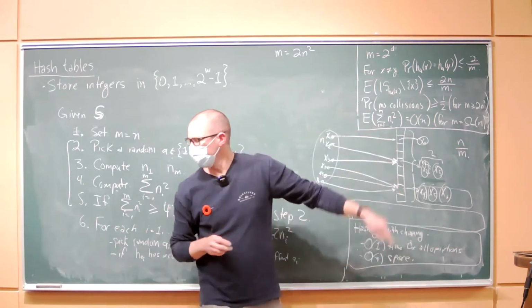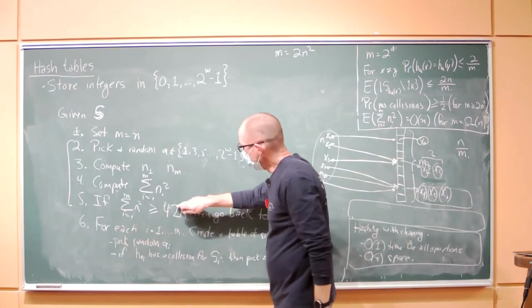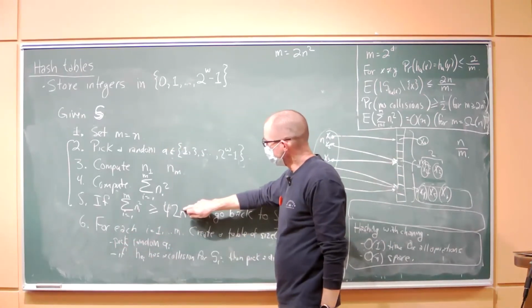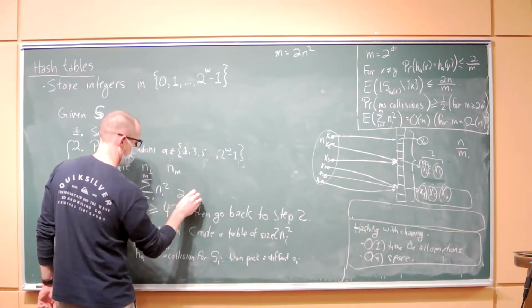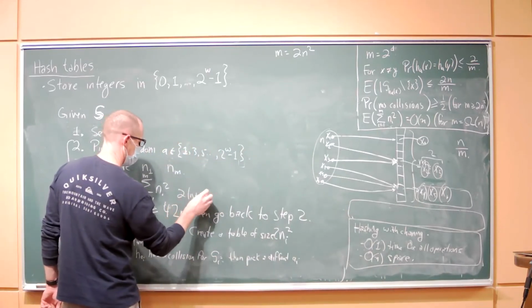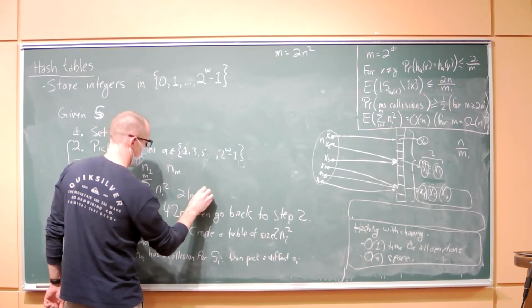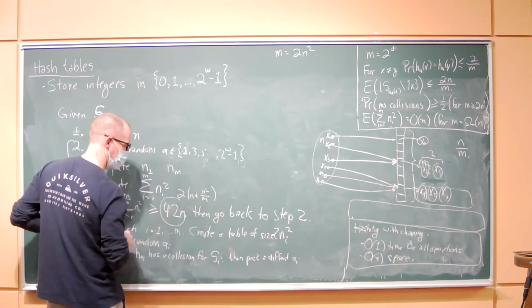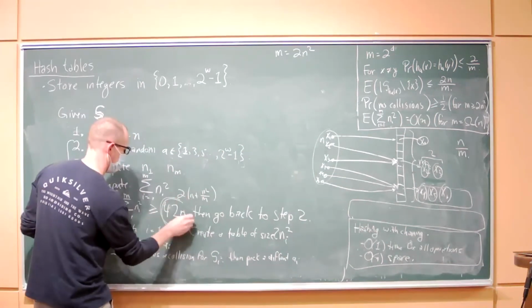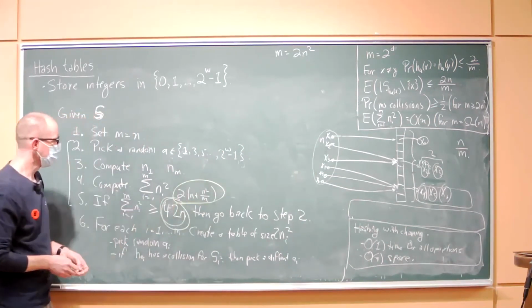So this 42n, you replace that with 2n plus n squared over m. This is the thing you use.